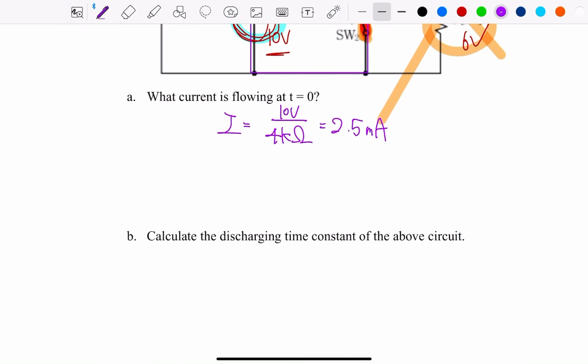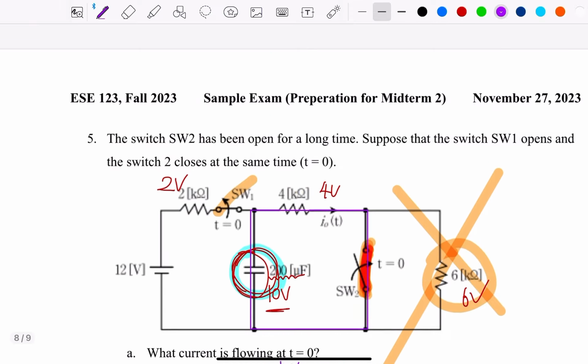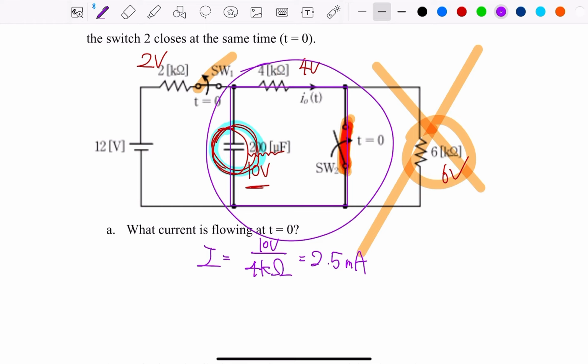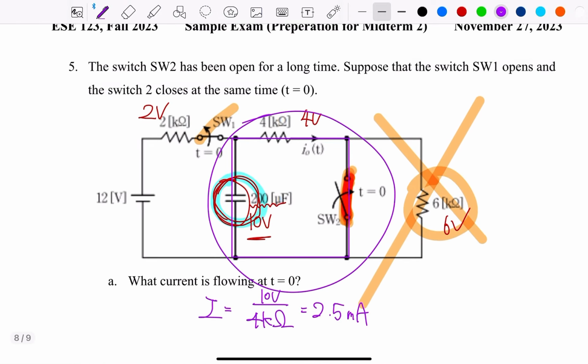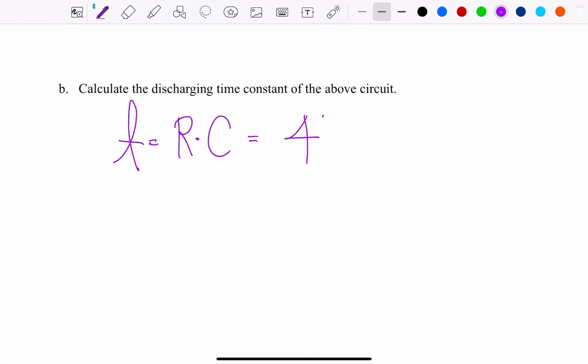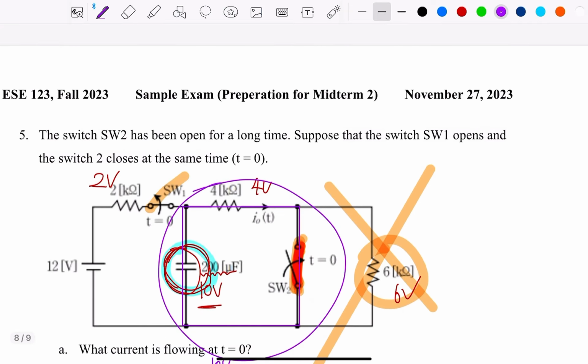Next, calculate the discharging time constant of the above circuit. So, this case is a discharging process, right? So, let's use the equation: tau equals R times C. So, what was R? Yeah, 4K. What was C?